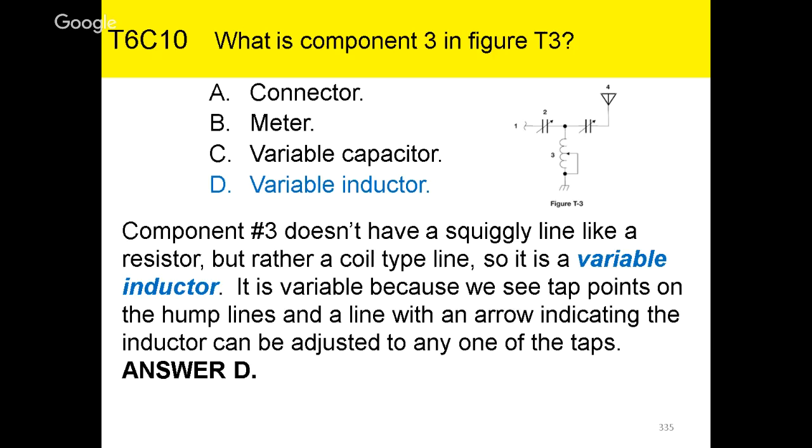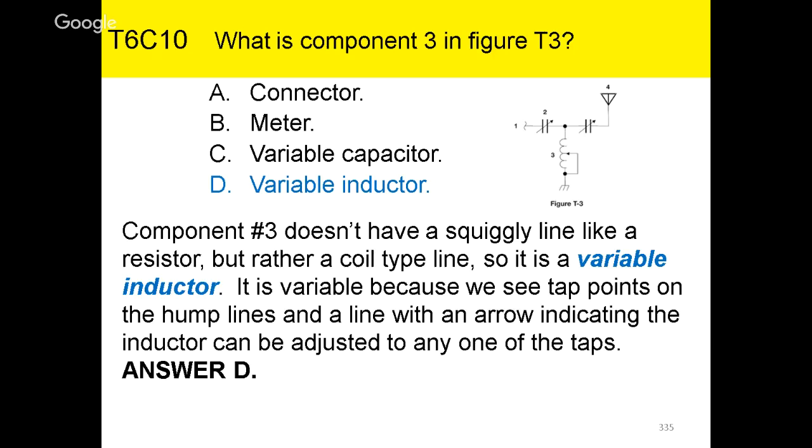But some of these have a roller inductor, which means that it's so variable that as you turn the roller on that coil or the inductor, it rides along the wire itself. But on some other types, it's a switch.